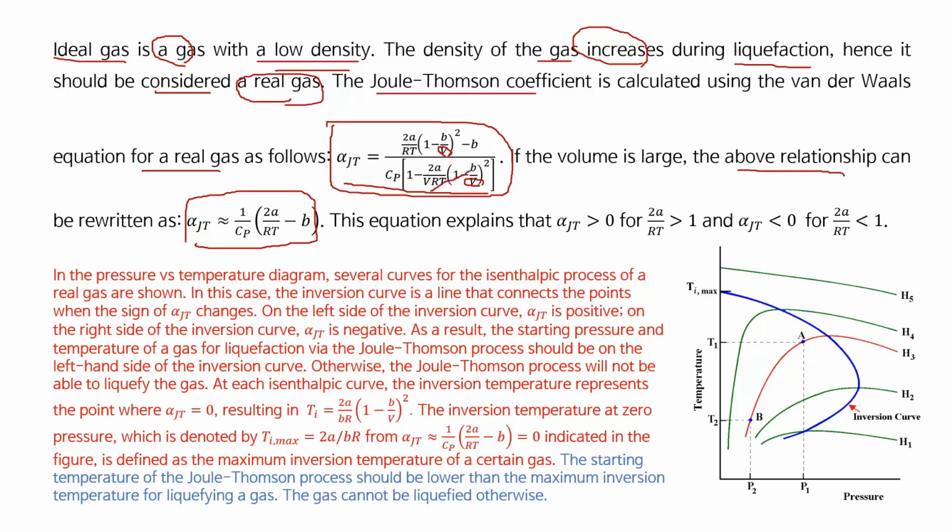So this cancels, so we can have this equation. This equation expresses that alpha jt is greater than 0 for this term larger than 1, and alpha jt is negative for this condition.